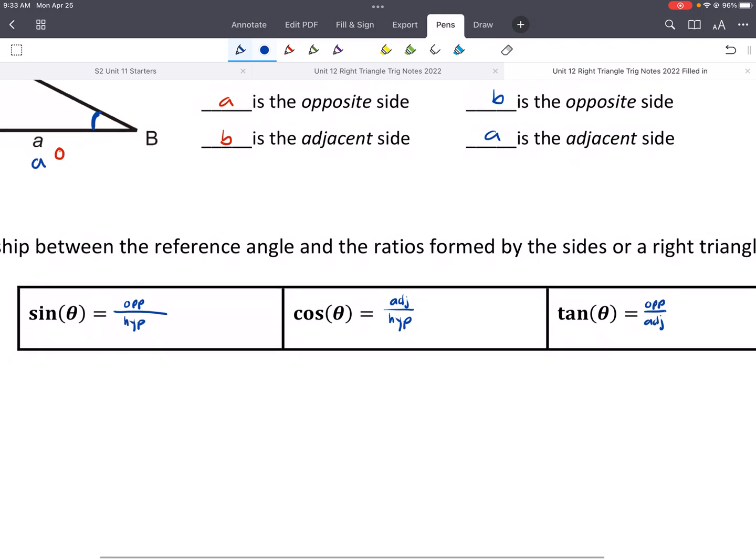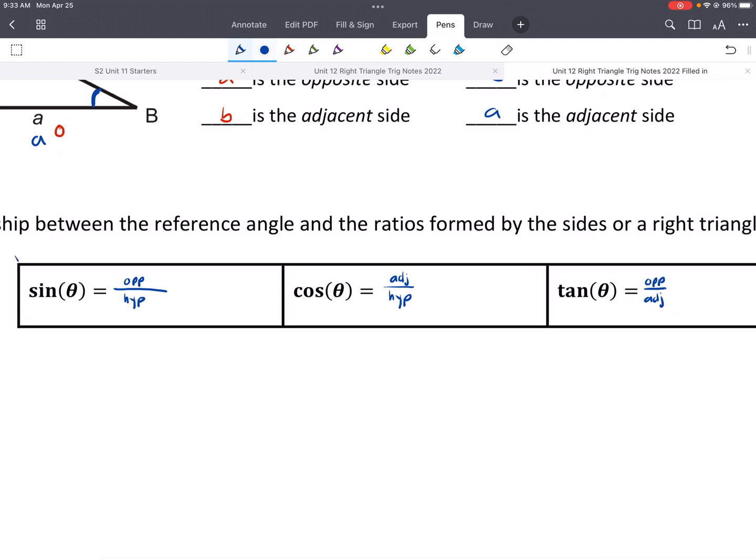You will probably need to have this memorized. But there's a nice way to remember this, like an acronym: SOH CAH TOA. S is sine, and this is opposite over hypotenuse.